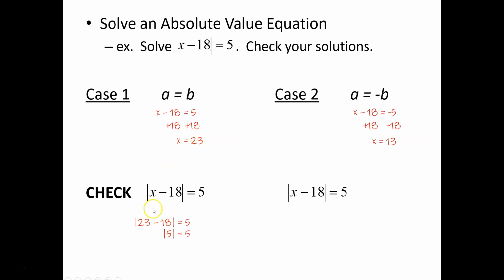So the absolute value of 23 minus 18, does that equal 5? Yes, it does. The absolute value of 5 equals 5. Does the absolute value of 13 minus 18 equal 5? Yes, it does. Because the absolute value of -5 is 5.